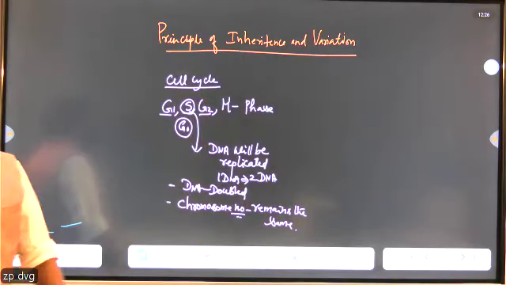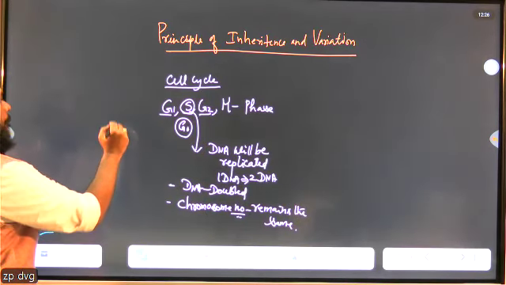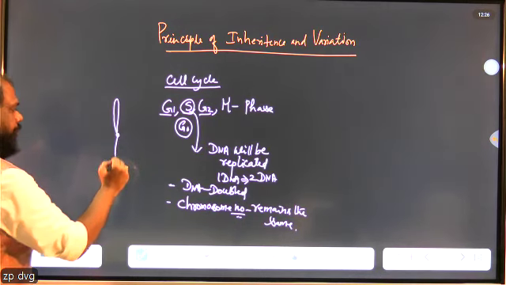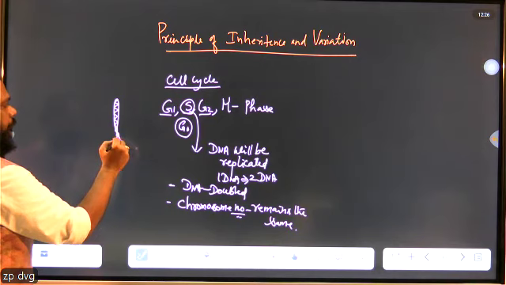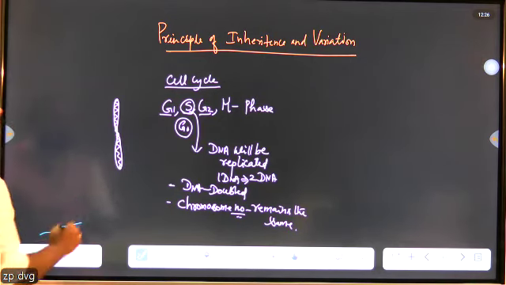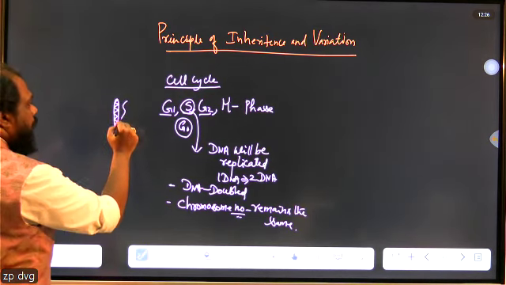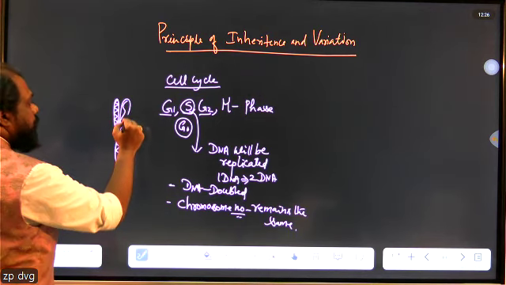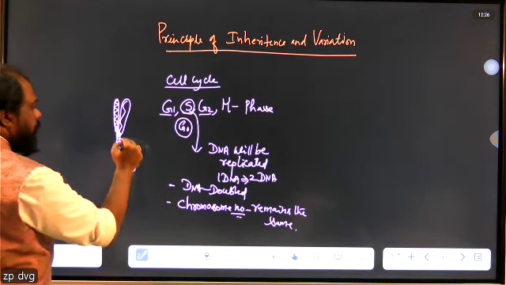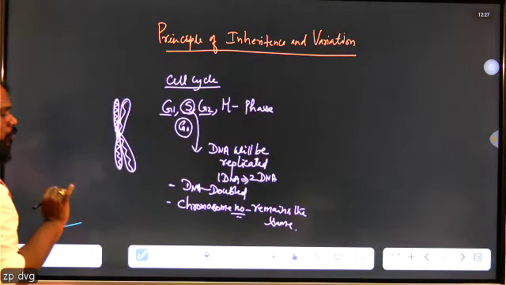Imagine this is a chromosome and the chromosome consists of a DNA. During S phase, the DNA will get doubled, but the number of chromosomes will be the same.